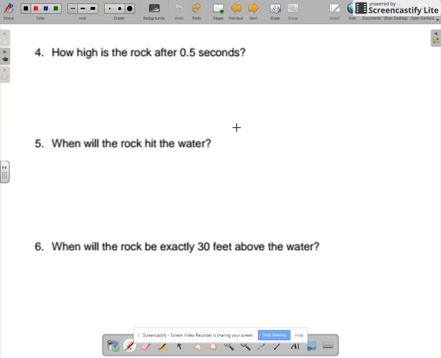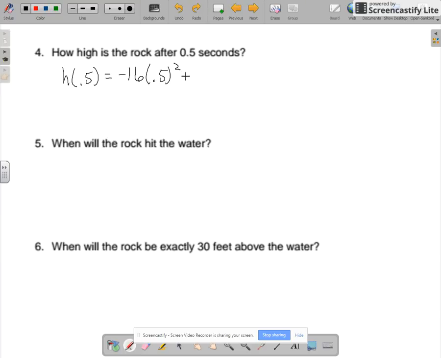Okay, so number 4, how high is the rock after 0.5 seconds? So after a half a second. So we're going to plug in 0.5 for t. So h of 0.5 is equal to negative 16 times 0.5 squared. Now, do we need to write 0t?